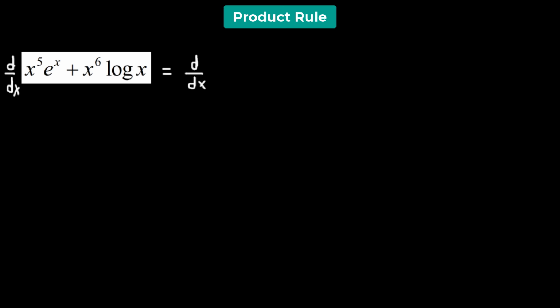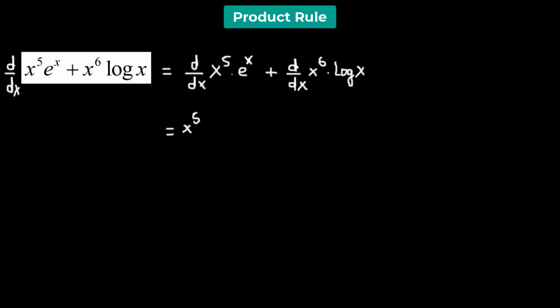So we have the derivative of x raised to the power of 5 times e raised to the power of x plus the derivative of x raised to the power of 6 times log of x. So this is the natural log, which will be equals to, so now we have in the first term, or the first derivative, we have the product of the two functions.